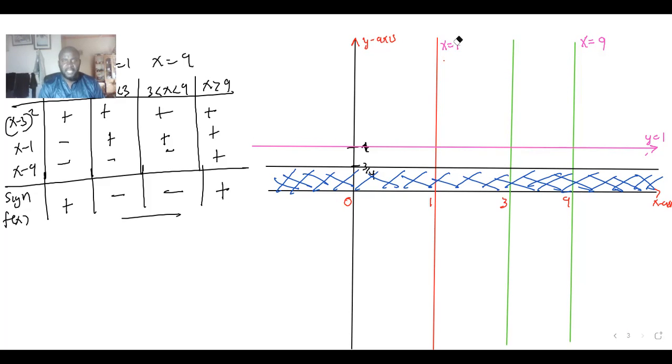Are we ready to sketch now? I think we are ready to sketch. Before I sketch, the curve is passing in the positive before positive 1. If the curve is positive before 1, where do I shade?